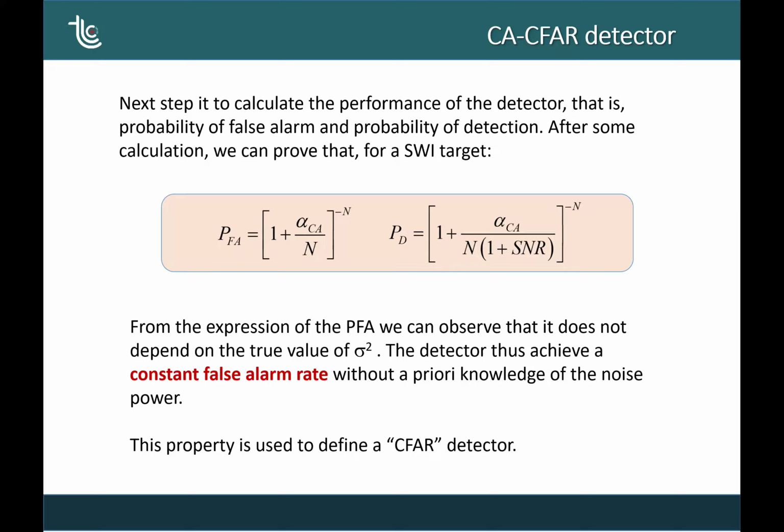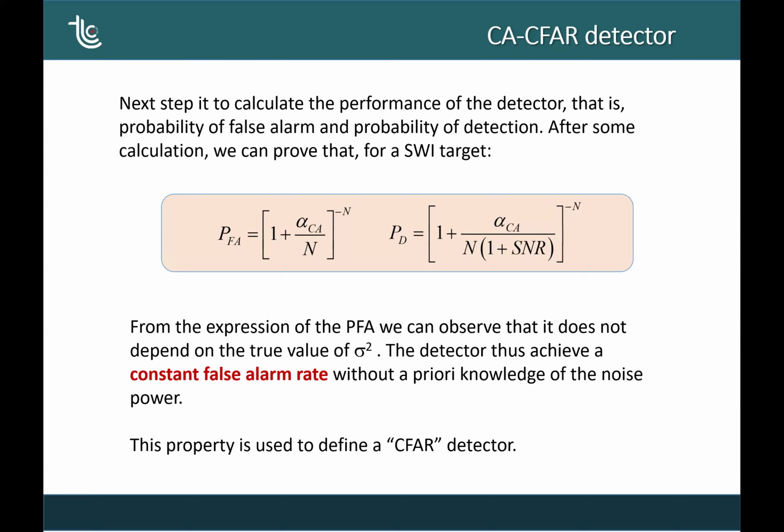It means that we can fix the alpha_CA coefficient without knowing the power of the noise. As a matter of fact, with this detector, the PFA, the probability of false alarm, is equal to (1 + alpha_CA/N) raised to the power of minus N. What is N?